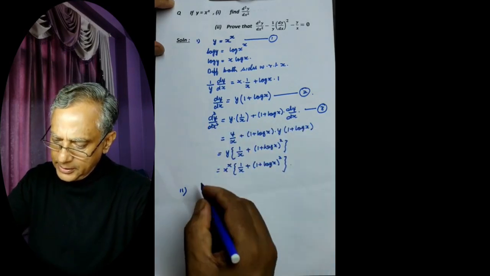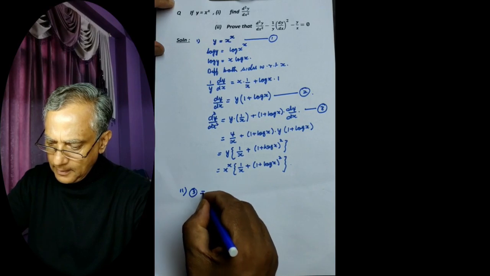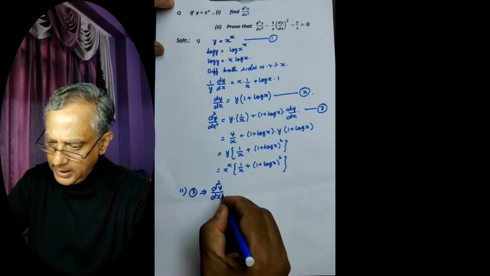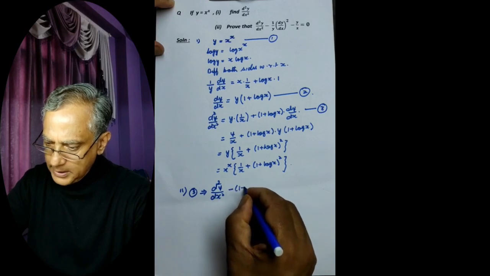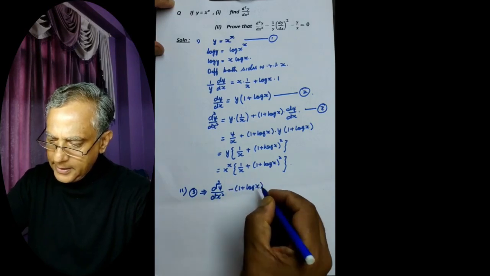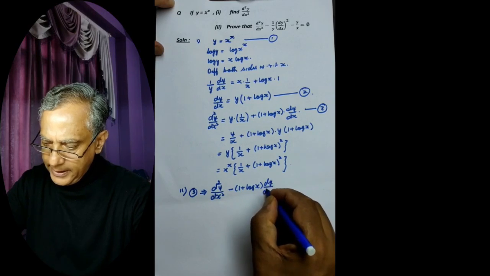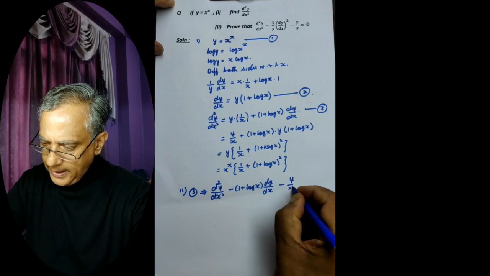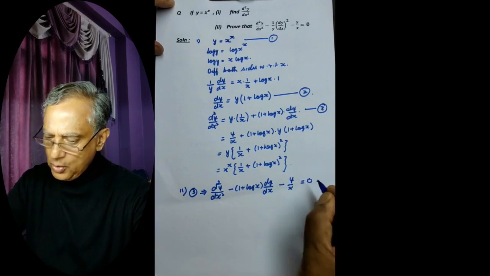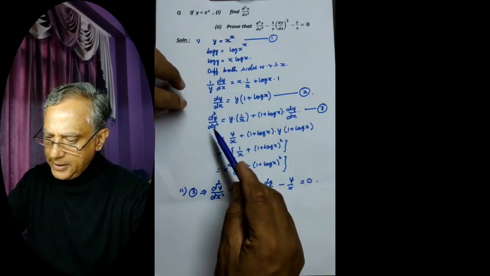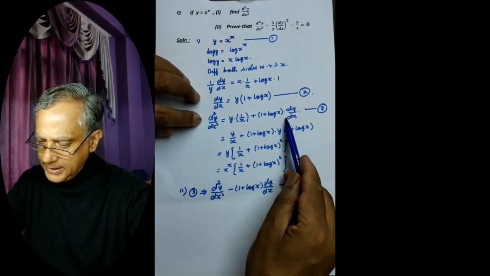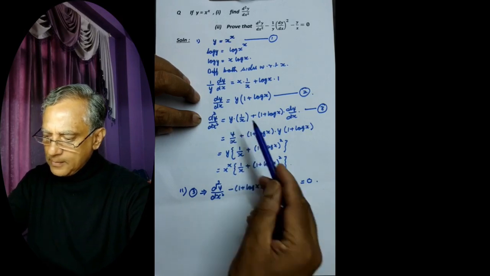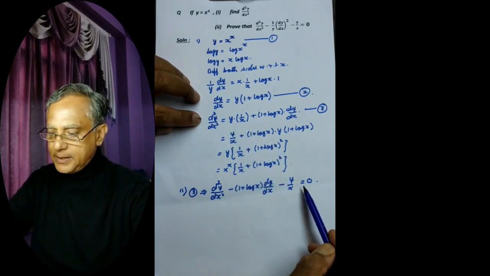So what we do is, 3 implies d2y by dx square minus 1 plus log x into dy by dx minus y by x. This must be equal to 0.